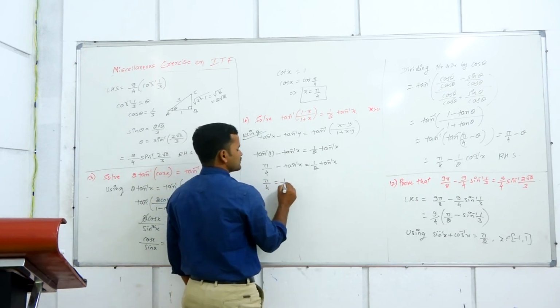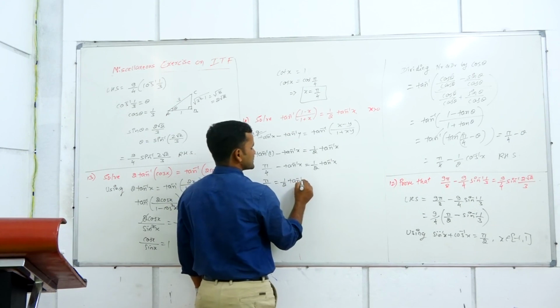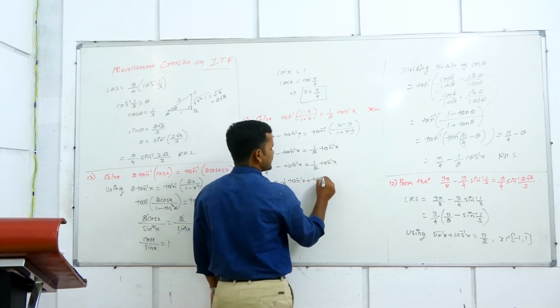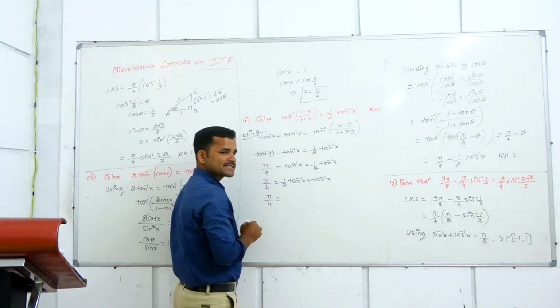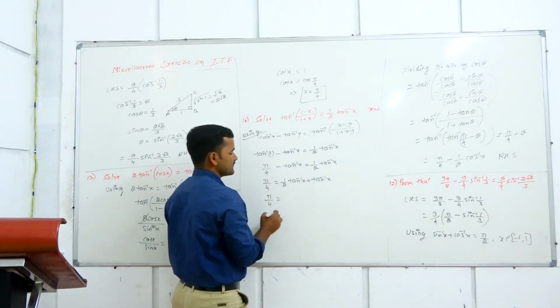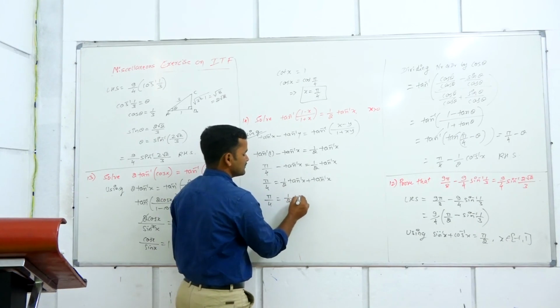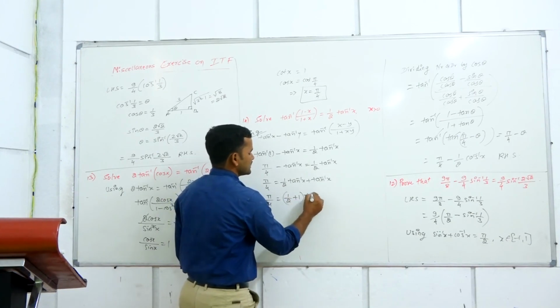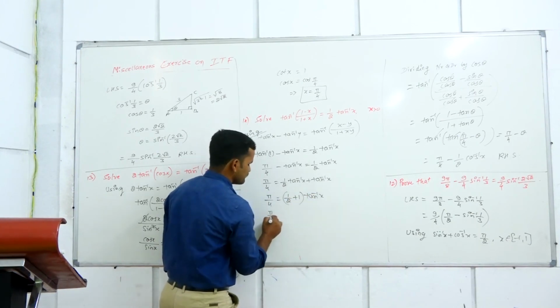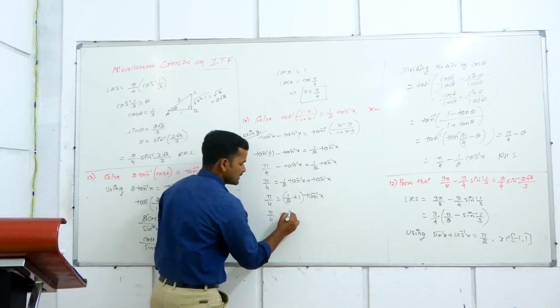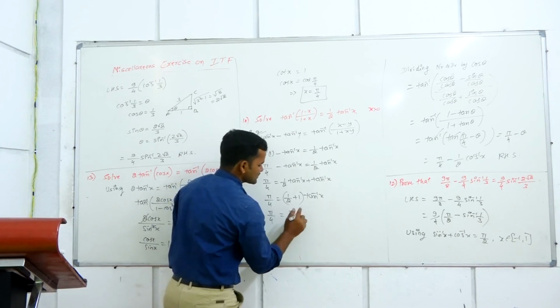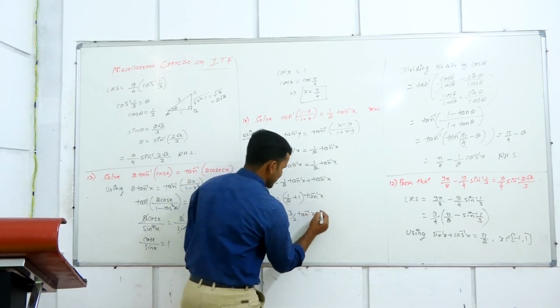Pi by 4 is equal to 1 by 2 times tan inverse of x plus tan inverse of x. Tan inverse of x is common: 1 by 2 plus 1 into tan inverse of x. 1 by 2 plus 1 is nothing but 3 by 2.